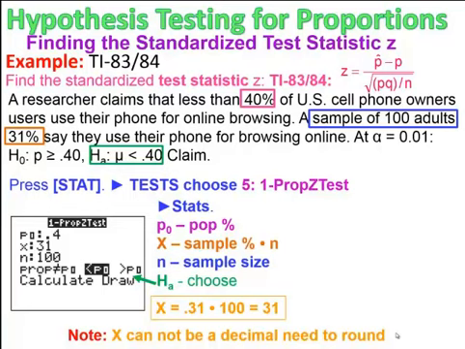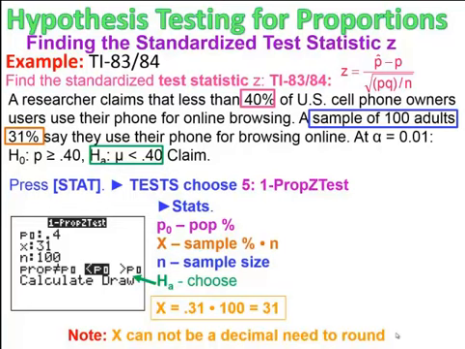So if the success value, which is your X value, is not given, you're going to need to find it by multiplying the sample size by the percentage of success. A key note here is that the X value cannot be a decimal. It needs to be rounded. If you don't round it, the calculator will give you an error message. So when you enter in the data, you need to have your population proportion, which will be in the hypothesis statement.